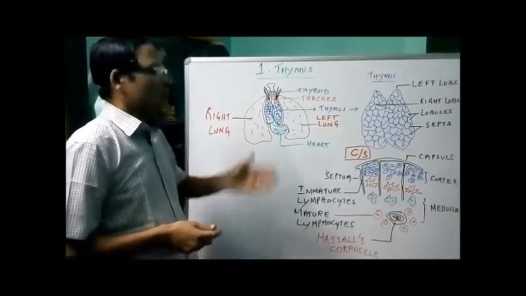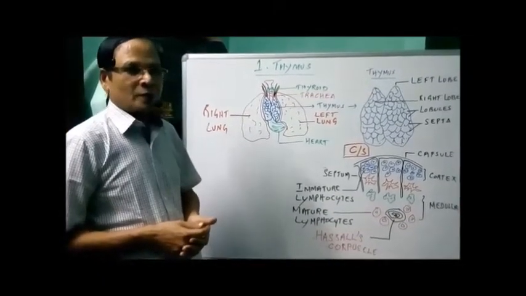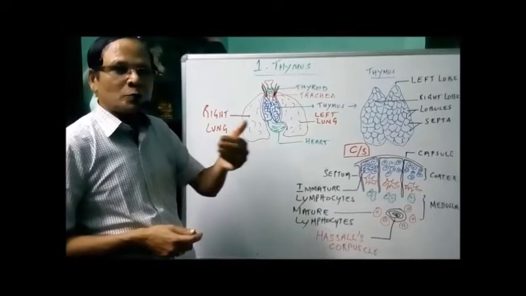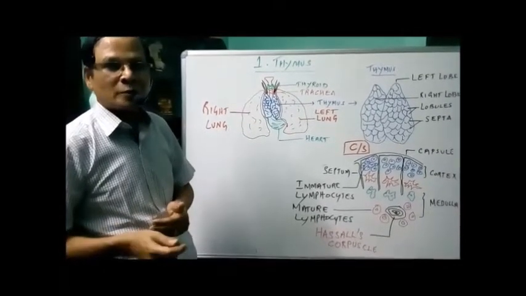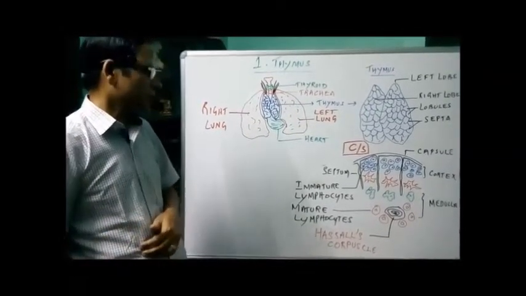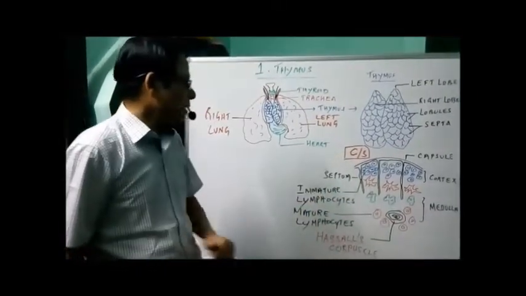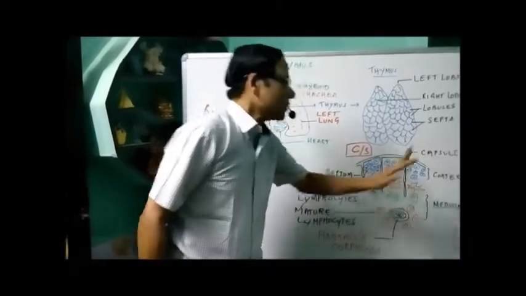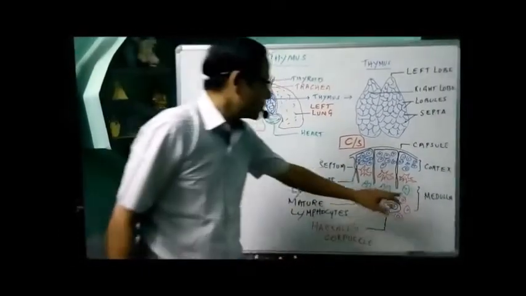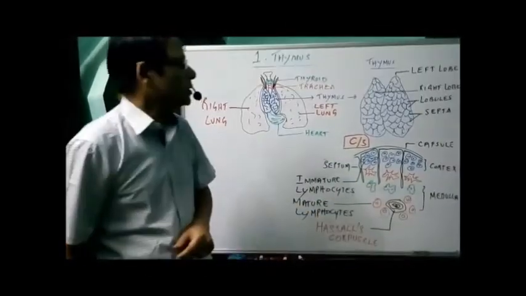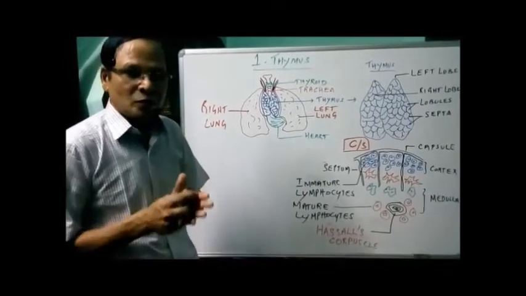Structurally, it is divided into two compartments, an outer compartment and an inner compartment. Here I have given the cross section. The outer compartment is called the cortex, and the inner compartment is called the medulla. Normally it is a bilobed structure.